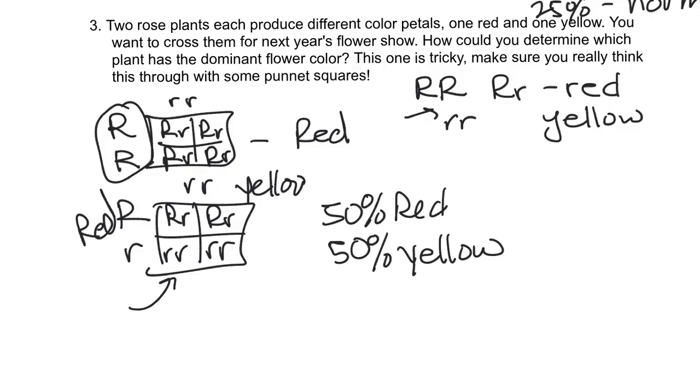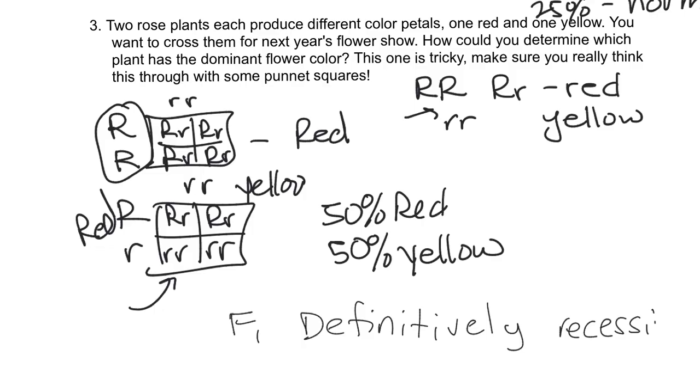And if you remember what a test cross is, you're basically going to take this F1 generation and cross it with a plant that is definitively recessive. Okay, so for example, let's say that I did say that red was the dominant color.